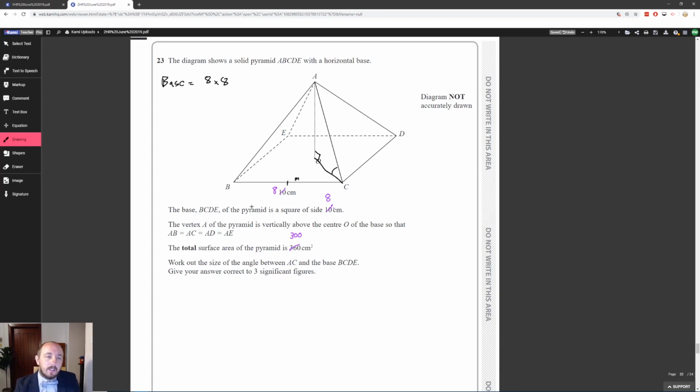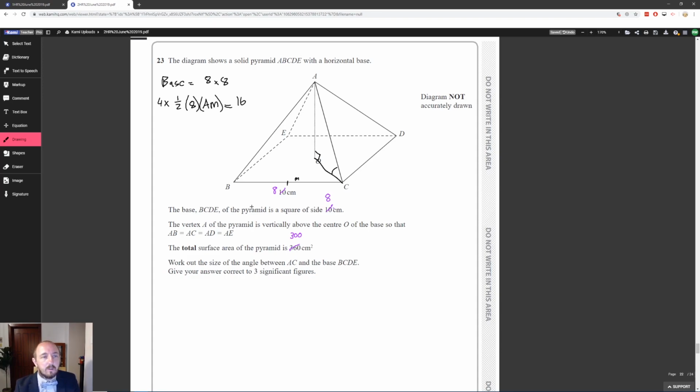So the 4 triangles, 4 times half the base times the height, AM. Okay, so that length AM is actually the height of the triangle, if you like. So we've got 4 times half times 8 is 16 AM.